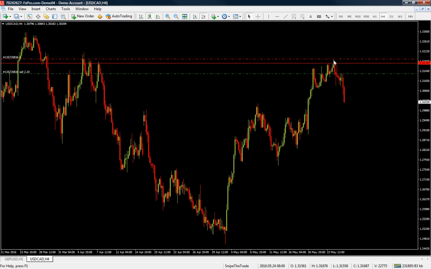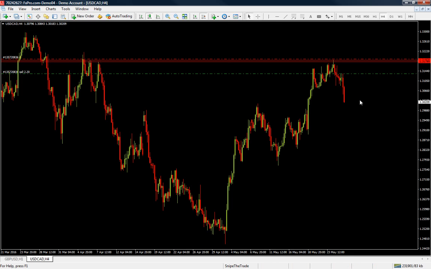But we also need to place it above this area of resistance, and we are going to take the actual highs of the moves. We got a high here, and we got a high right here. So right above this zone is where we need to place our stop loss.